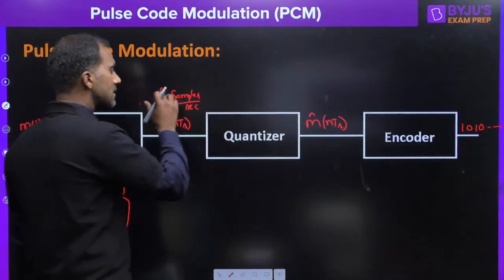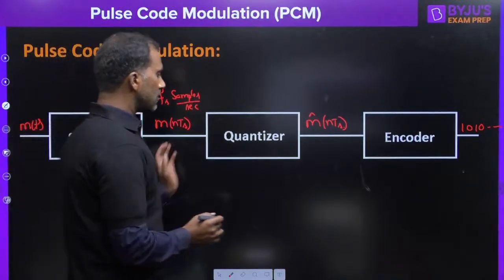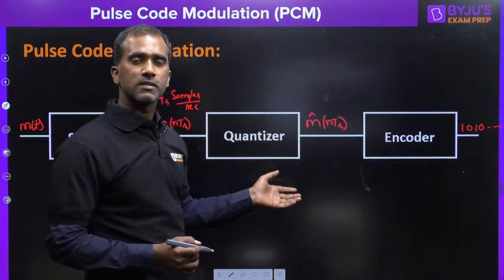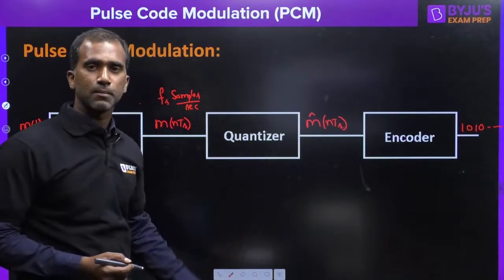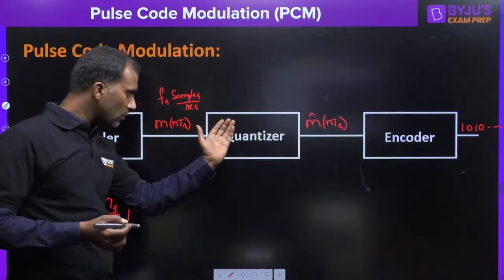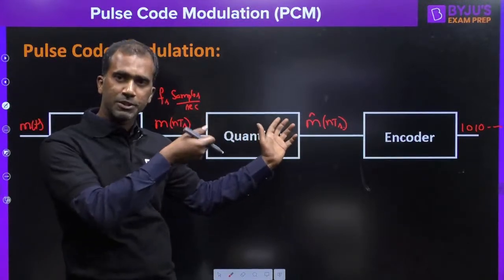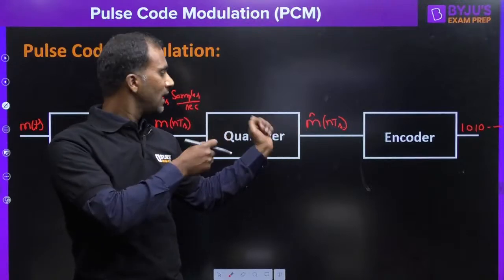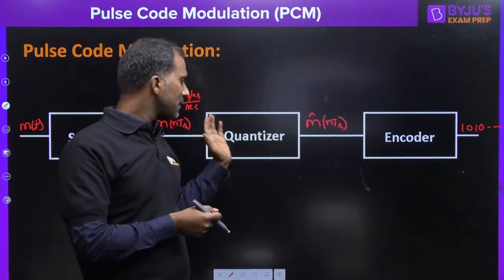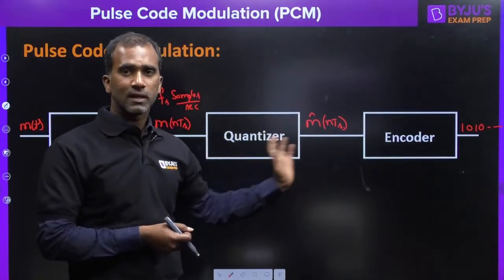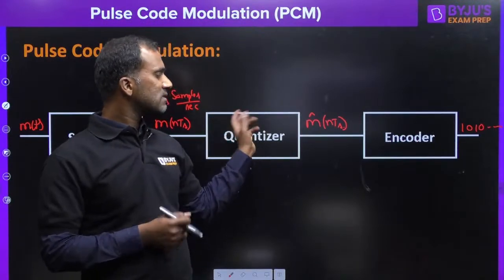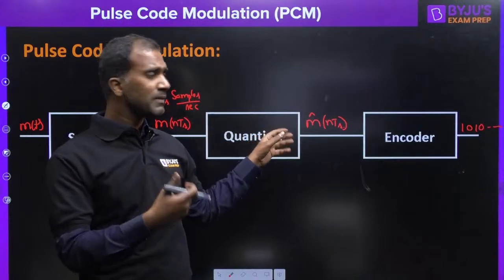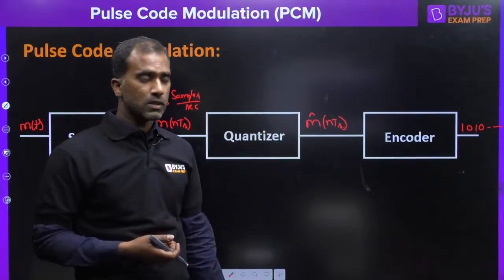Okay. So these fs samples per second, once you quantize, will the number of samples increase or decrease, or will they remain the same? One sample is given to the quantizer. It does some approximation, some quantization, and gives one sample as output. The quantizer will not eat away samples. Every sample given to the quantizer will be approximated and given as output.